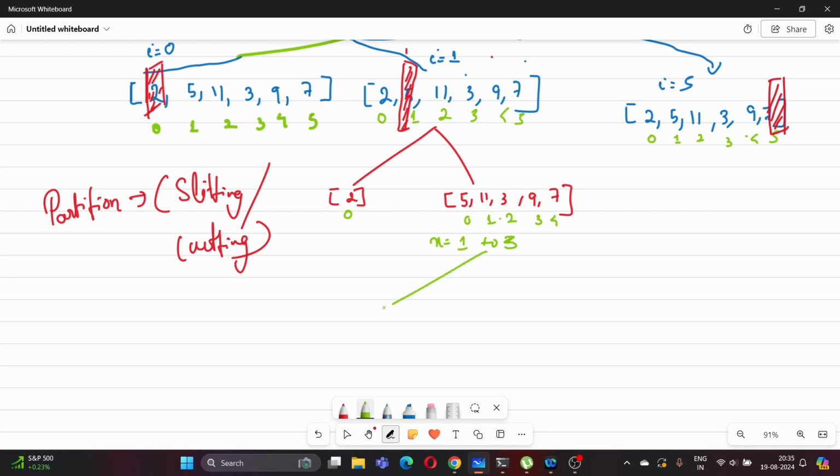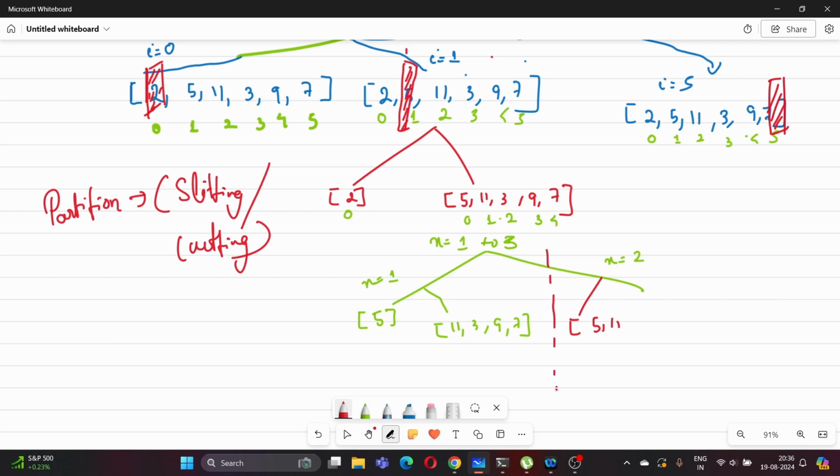Now let's say that I choose to cut it at x is equal to 1. What would that do? That would make 5 at one position and 11, 3, 9, 7 at another position. Similarly, x is equal to 2 will also do the same thing: 5 and 11 at one position.